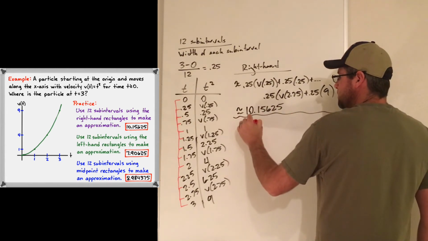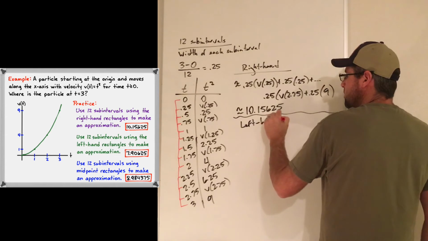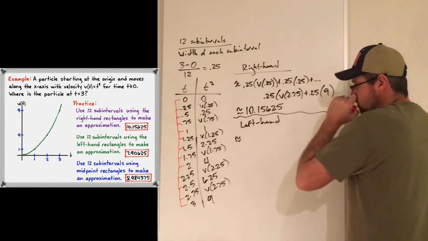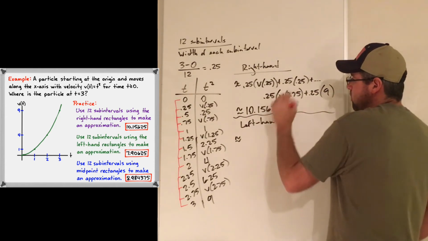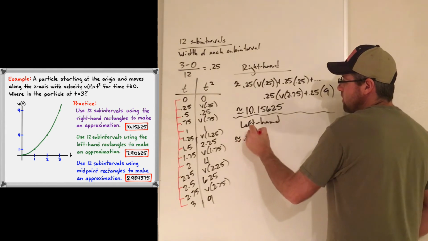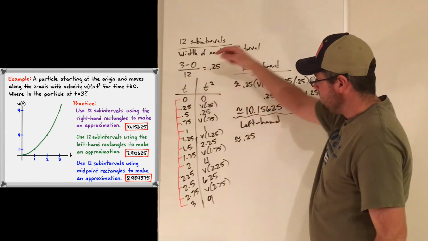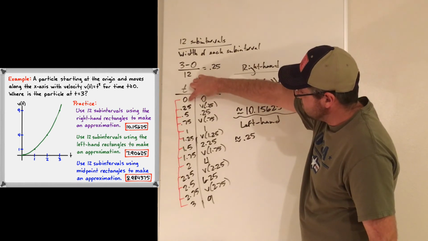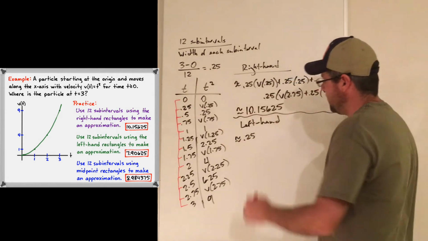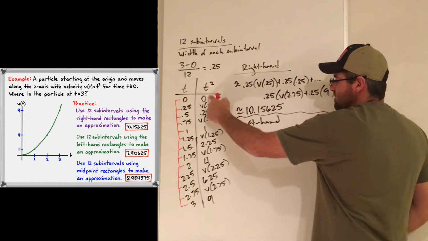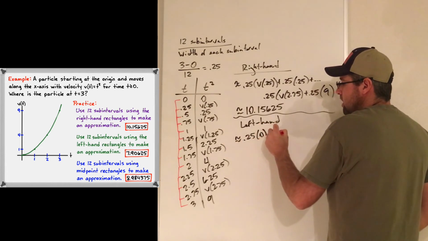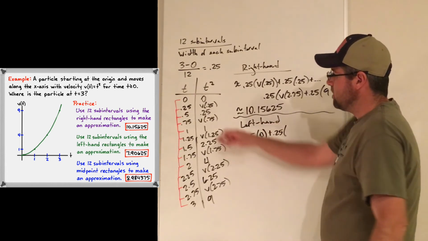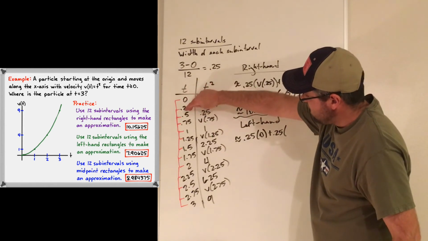Your left hand is going to look very similar, but we want to use left-hand values. Well, the width is always going to be 0.25, but if I want the left-hand value, I'm going to use the one. Which one's to the left, the 0 or the 0.25? The 0 is. So V of 0 is 0, plus 0.25 times the next subinterval from 0.25 to 0.5.